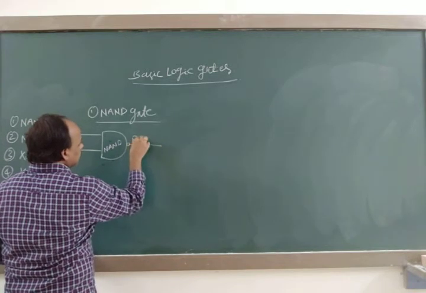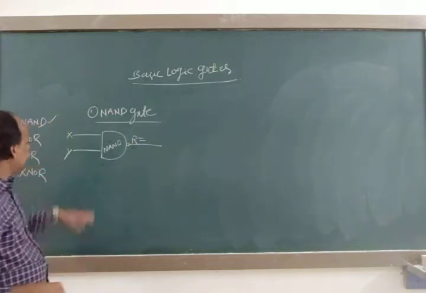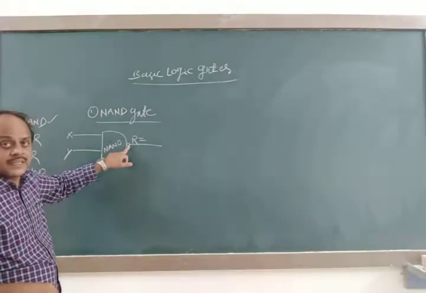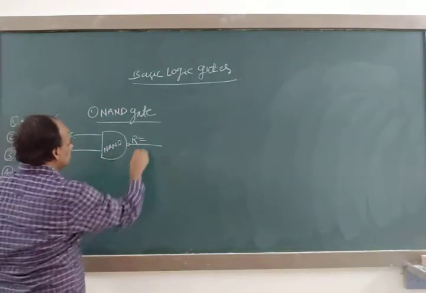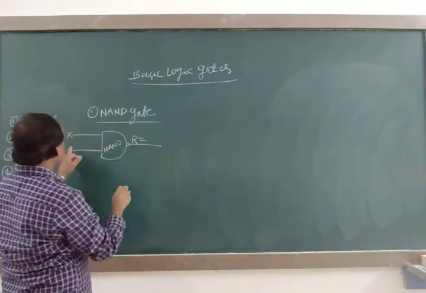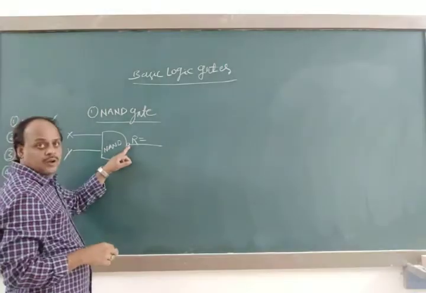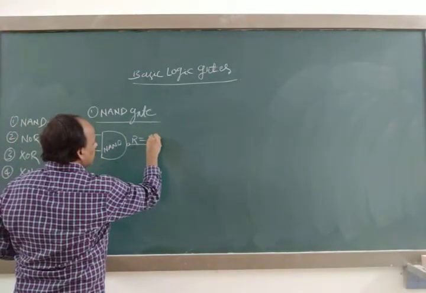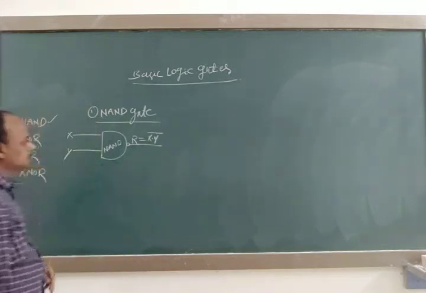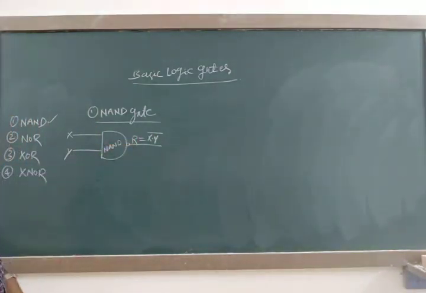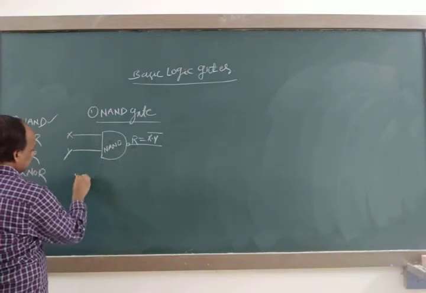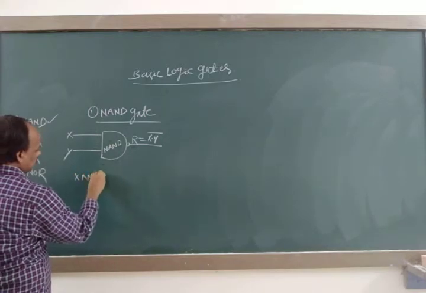is equal to, you see, AND gate means x into y. This is NAND gate, means here NOT gate is there. That's why it becomes x into y whole bar.